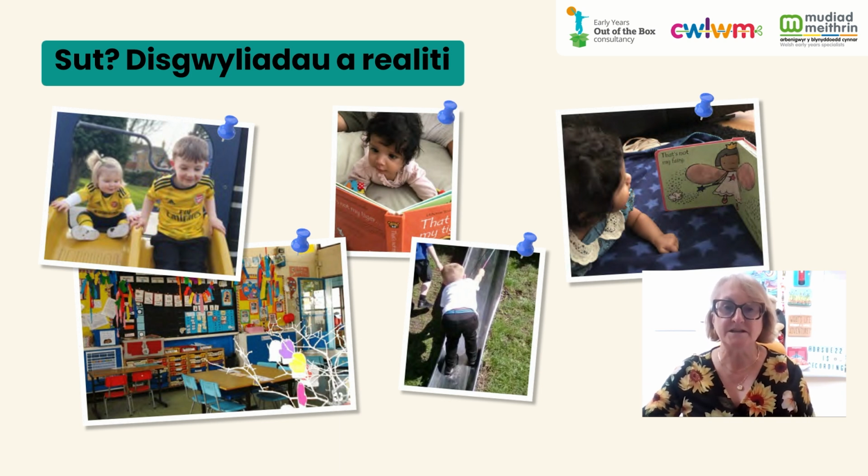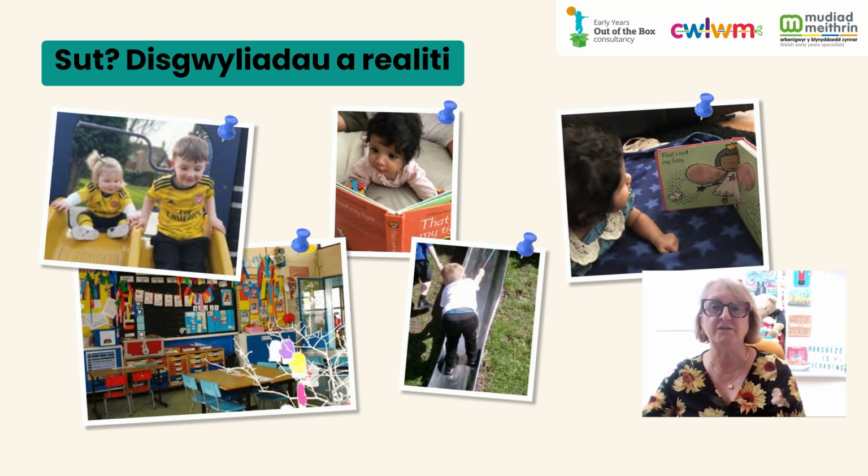Now, we've met the little girl with the book previously, and we've met Kiva, who's also on the left-hand side of this picture with her brother on the slide. Now, there are some interesting conversations to be had about the use of the slide in the first picture and the use of the slide in the final picture.